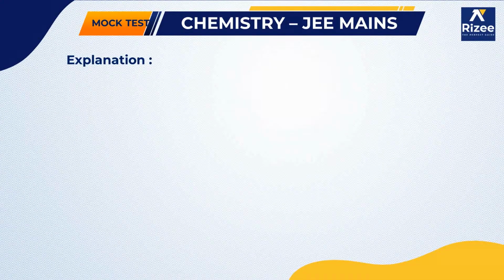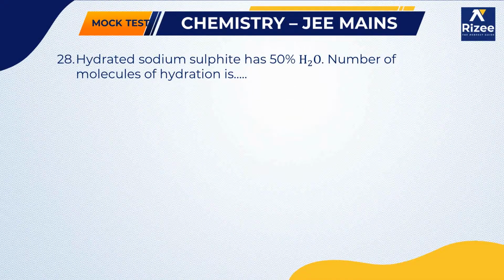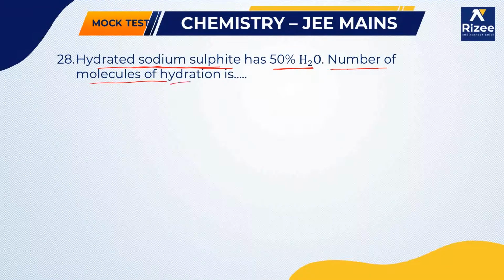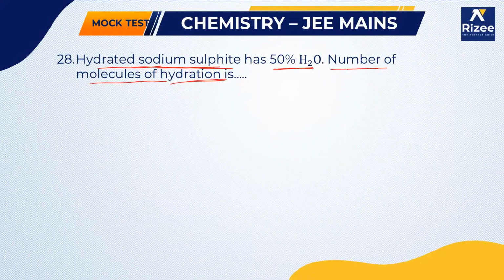Okay. Next, moving on to the next question. Hydrated sodium sulfite has 50% H2O. So he is asking the number of molecules of water, means how many H2O molecules are there.